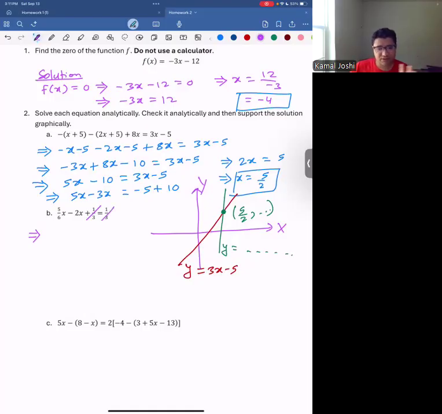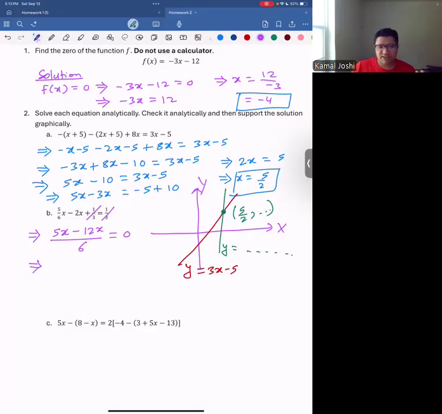I can cancel the 1 over 3 and 1 over 3 because they have the same sign and they are on opposite sides. So basically, it is something x minus something x equal to 0, right? It doesn't even matter what they are. Anyway, I'll do it here. So it will be 5x in the numerator, minus 6 times 2 will be 12x, when you take the common denominator, over 6 equal to 0.